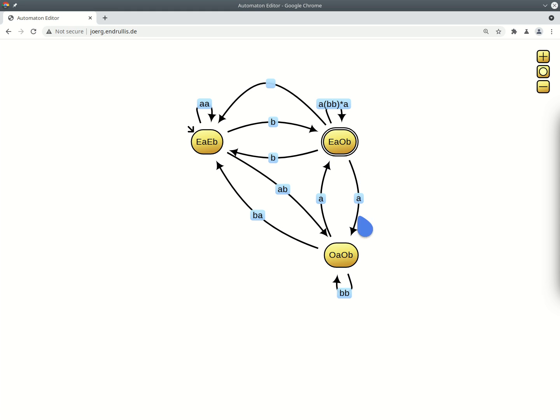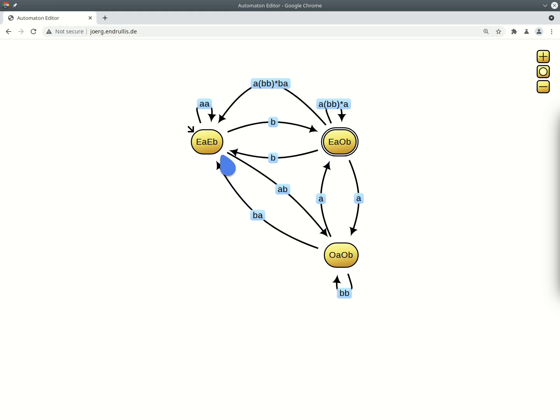It should be A BB star BA. Okay, very good. So we have treated this incoming arrow completely.